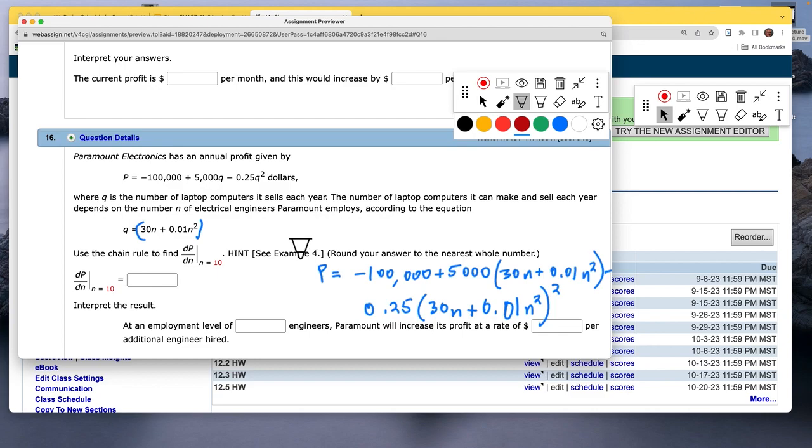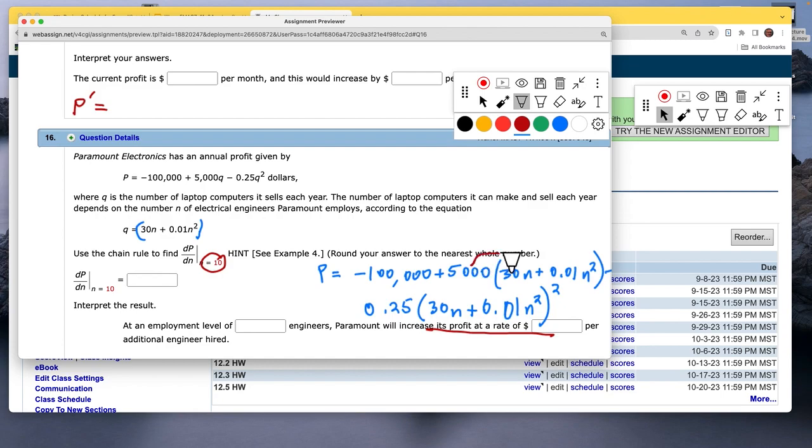What you'll see is they now want the derivative of the profit with respect to n, the number of laptops. So we've got that function. They want you to plug in 10. So we want to get this derivative. Notice, I could distribute this, but you don't need the chain rule here. The only place we need the chain rule is this little part here. So then you could, again, come up here, take the derivative of p. The derivative of 100,000 is 0.